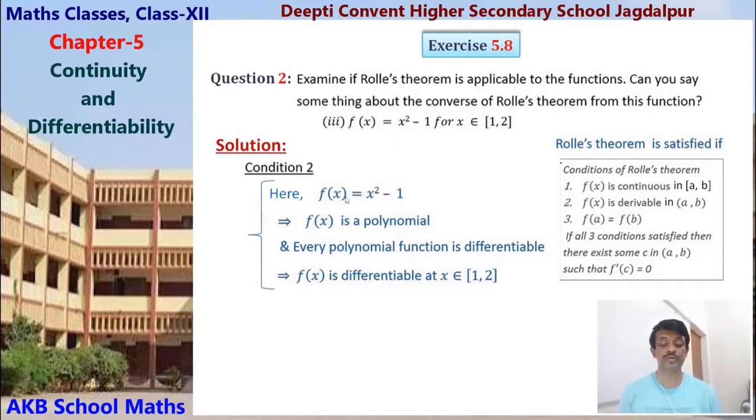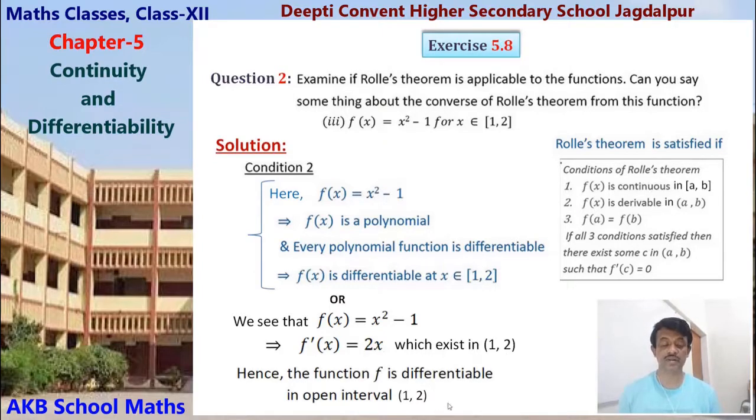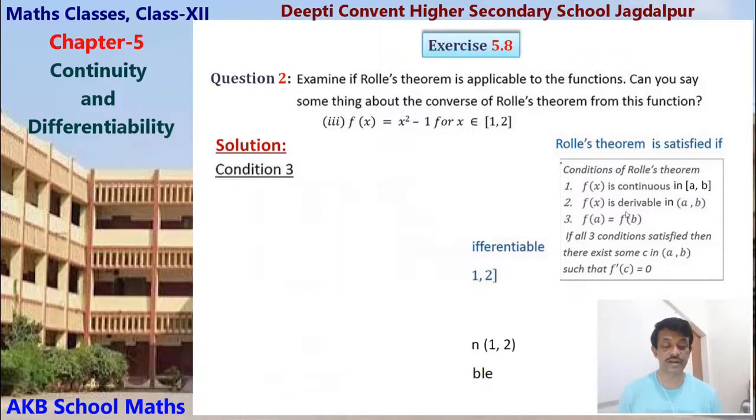Or we can prove it by finding the derivative. Differentiate f(x) equal to x square minus 1 with respect to x, which exists in the open interval (1, 2), because any value between 1 and 2 can be put for x, so f dash x will exist. So the derivative exists in (1, 2), that is, f(x) is differentiable in the open interval (1, 2), so the second condition is also satisfied.